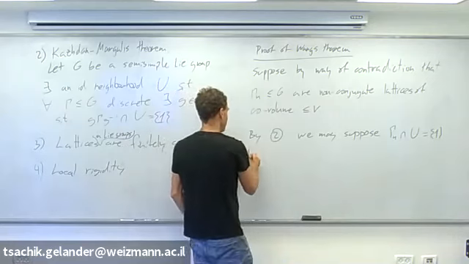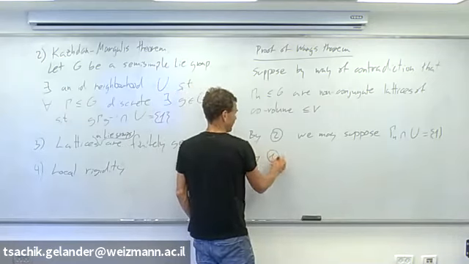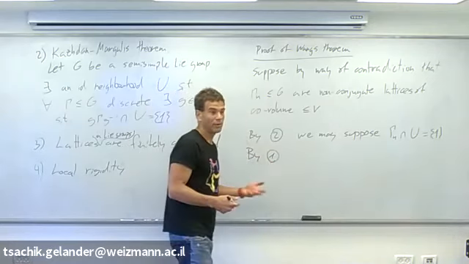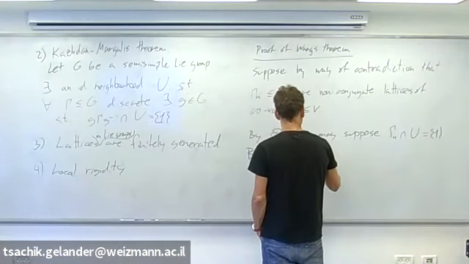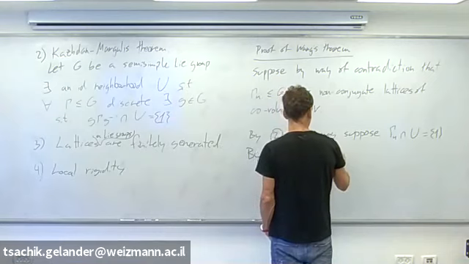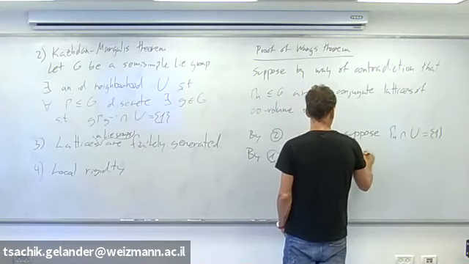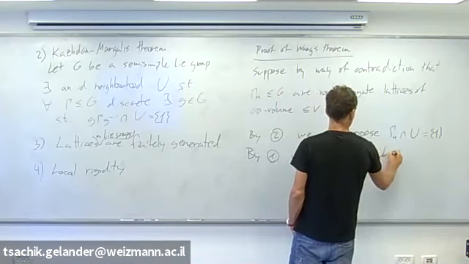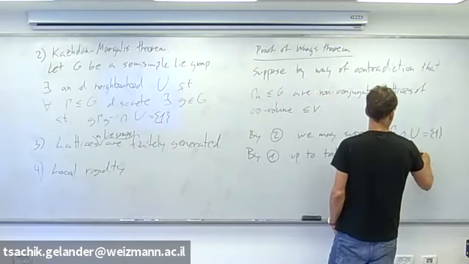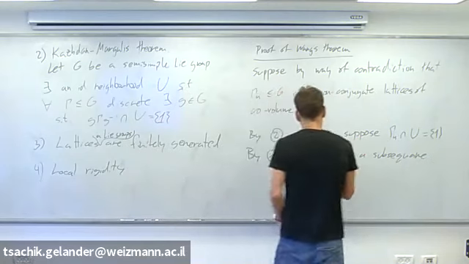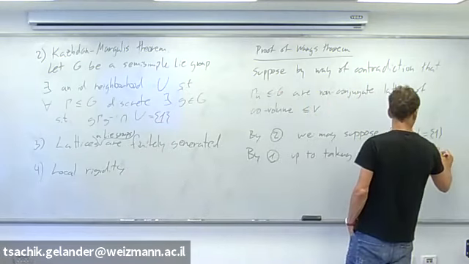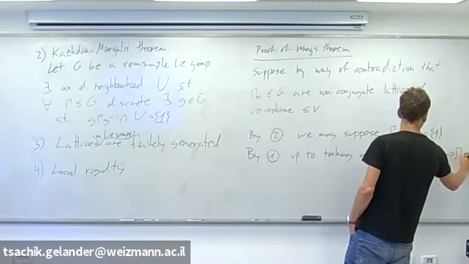And then by the compactness criterion, up to taking a subsequence, I will not use Gamma_{n_k}, I will skip that, Gamma_n converges to a limit.